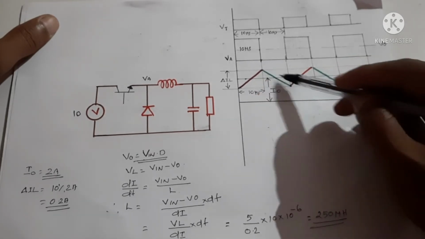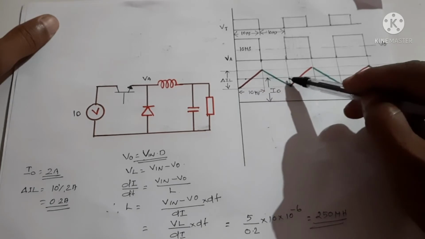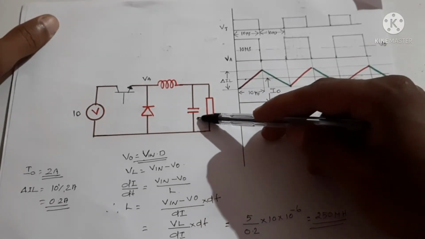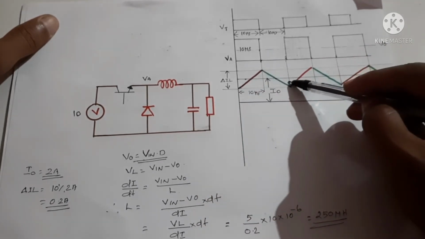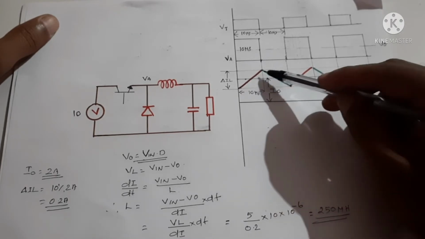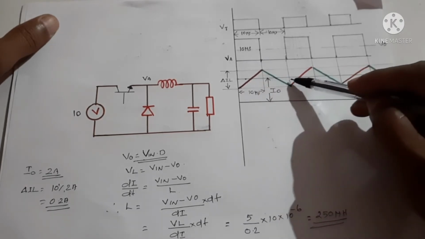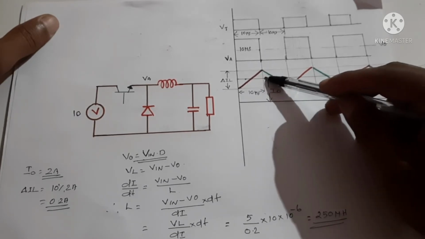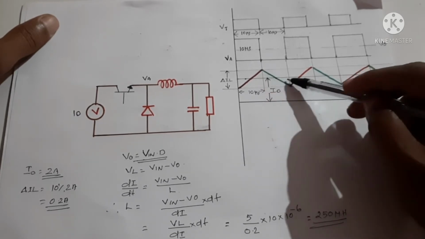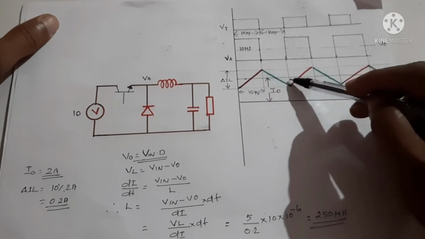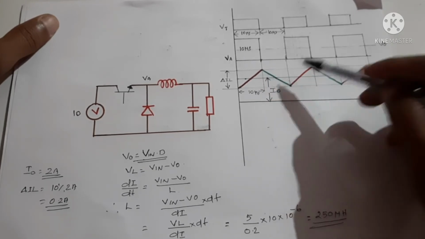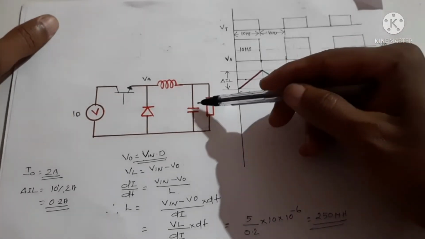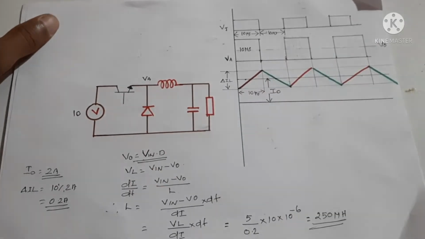So this is the average current flowing to the capacitor. The average current to a capacitor is 0. This is coming into the capacitor and this is going out of the capacitor. Both are equal. So if we take one cycle, this is coming in and this is going out, so the average will be 0.